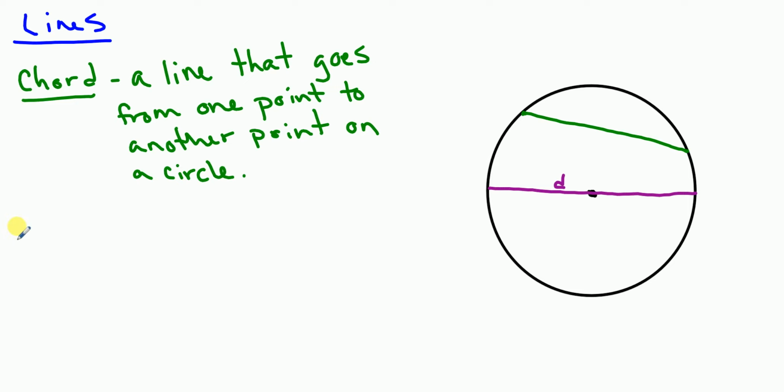Okay, the next type of line we're going to look at is a tangent line.